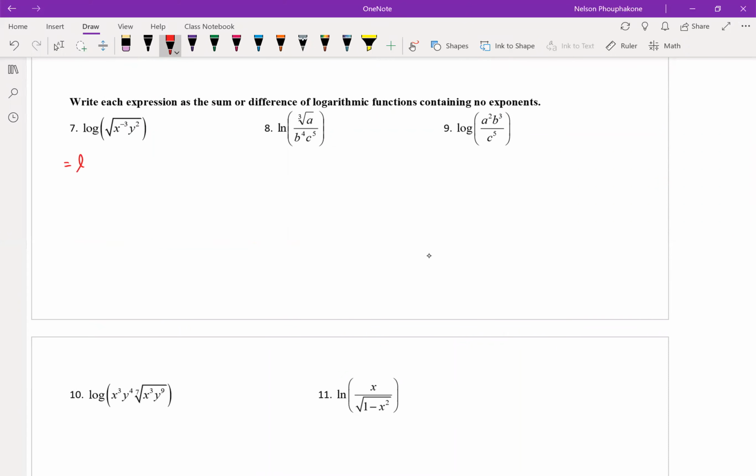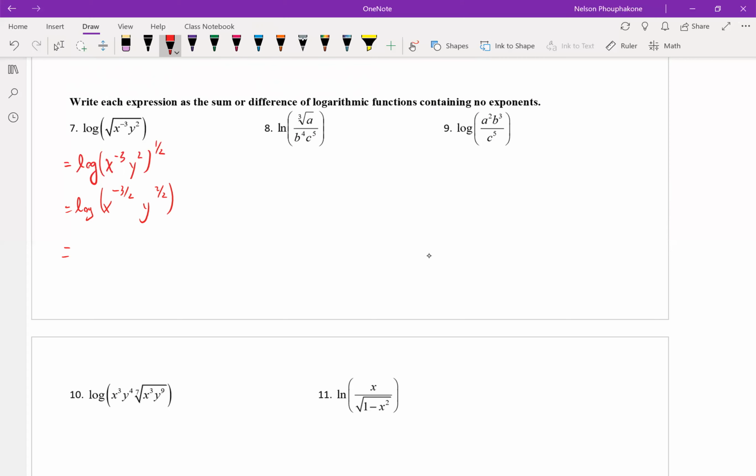Now to this one, if we have a square root, then what we could do is take care of the square root and rewrite this into the 1/2 power. And then we could change this one to -3/2 and y to the 2/2. Again, if you don't remember this, go back to section 4.0, right?